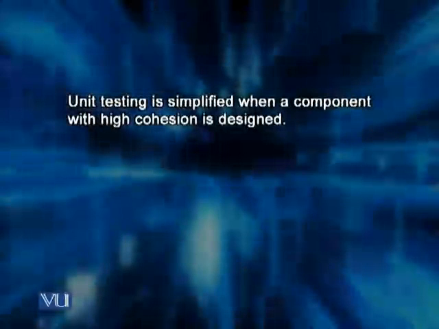Unit testing becomes simplified when a component with high cohesion is designed. So you see that the chain that I'm trying to build throughout this course is that all the activities in software development are interconnected. Each of them has an effect on the following activities.